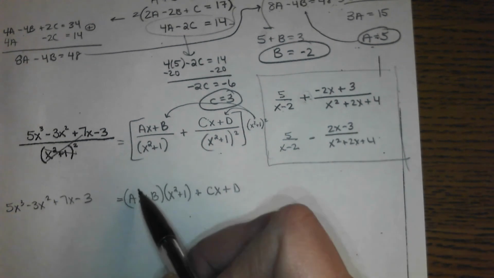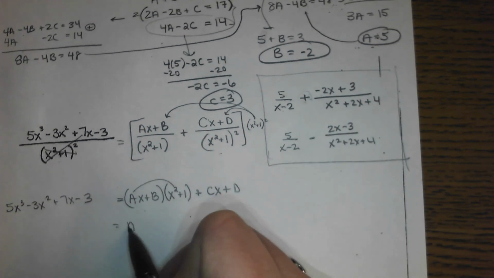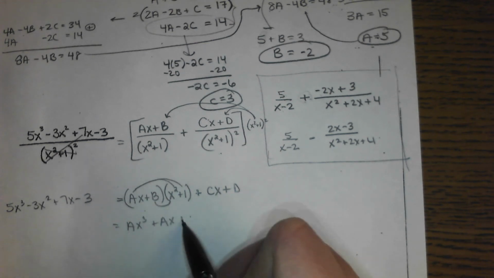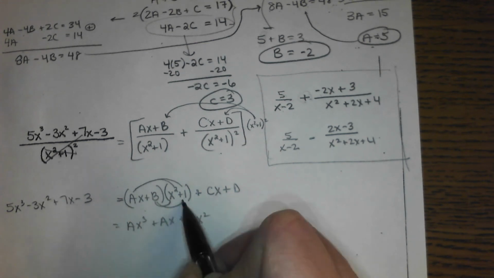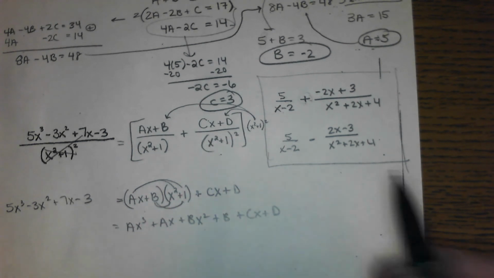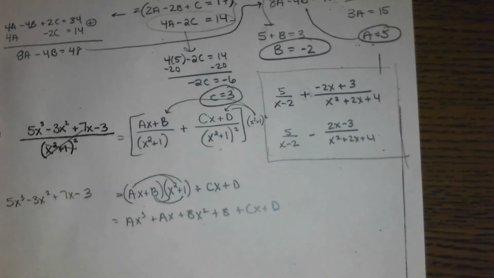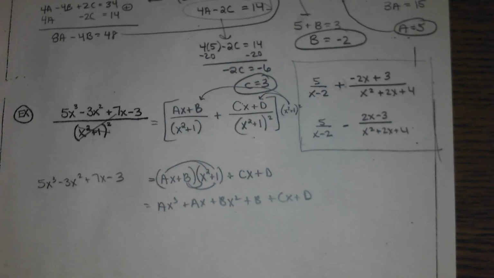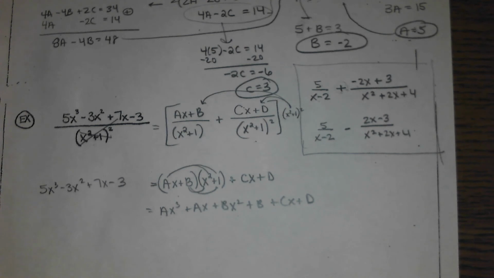So we distribute: ax cubed plus ax plus bx squared plus b plus the cx plus d. And so, how many x cubes do I want? How many are on my left? 5.